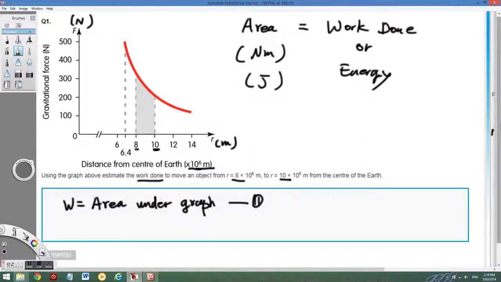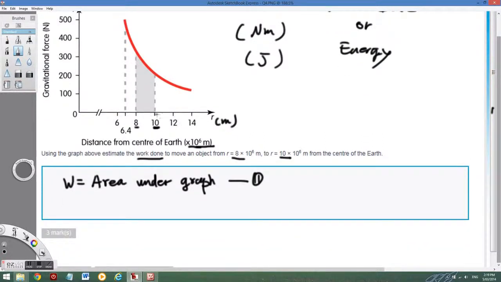Now, we need to find the area. However, let's just remember for math students, I know you're good with math, but in physics, in VCE, the examiner is not going to test how good your math is. So you don't need to use calculus to find the area under the graph.